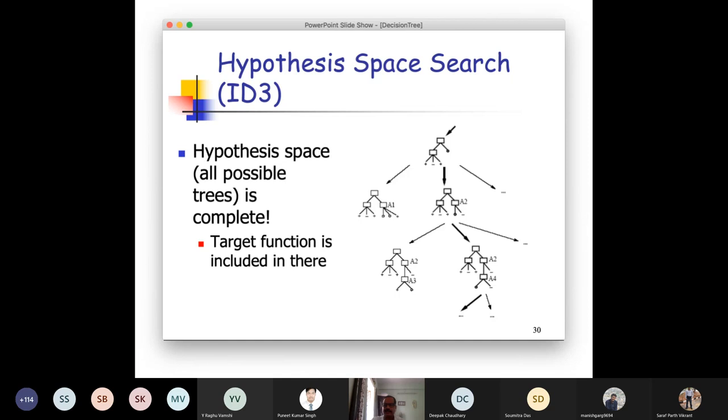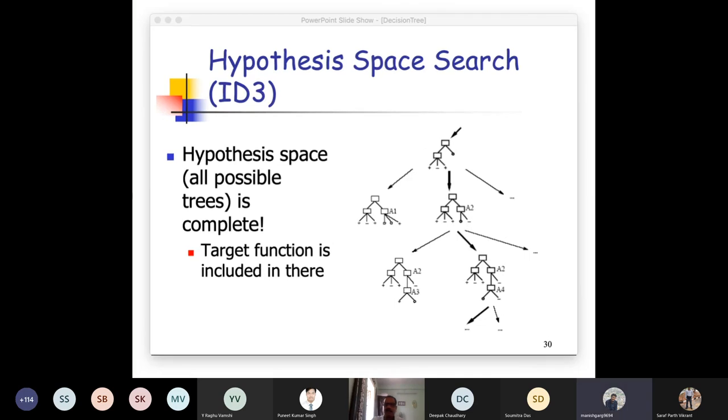Sir, I wrote in the chat box: we should use Gini index rather than information gain. Oh, you are saying Gini index, but that doesn't ensure it. See, when you are saying something, you should think about what you are saying. Why should Gini index give you that? If I ask you, can you answer? No, sir. Then don't say that. Just to inform me that you know about Gini index is not required. You have to be logical when you are answering.